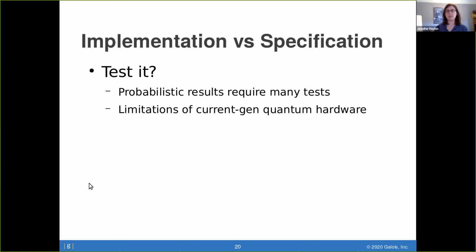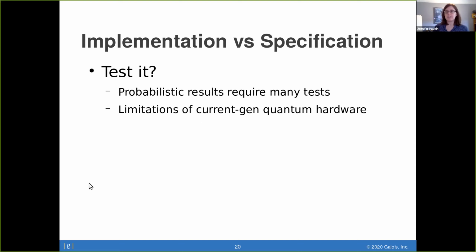So things like noise and error can interfere with the operations that we're doing, which, ideally, we would be able to correct for, but currently we can't. So any test that you would run on an actual quantum computer would be subject to additional noise, which would obscure the test results.